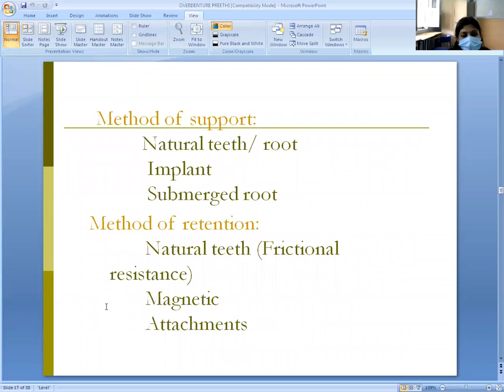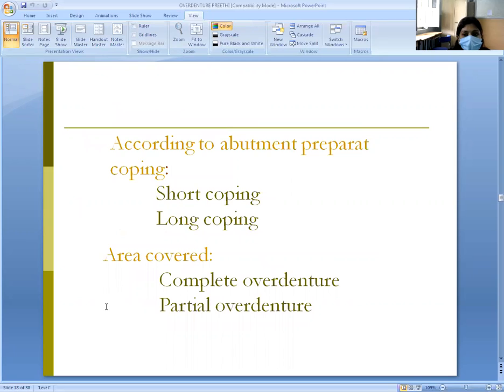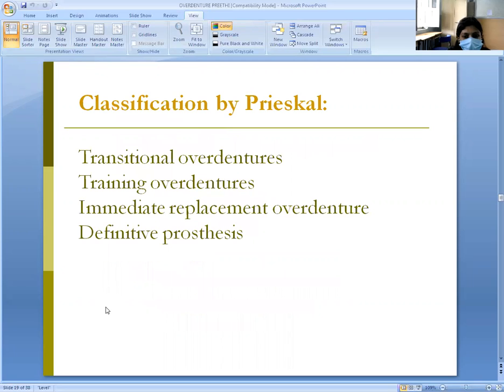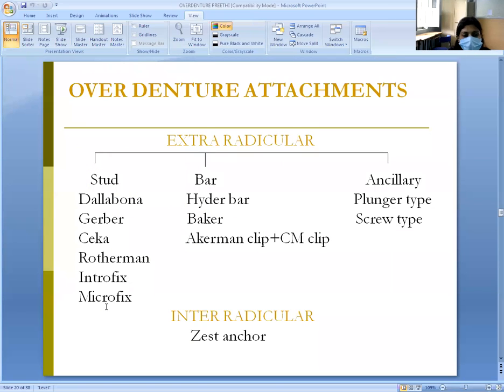Then method of retention: natural teeth, magnetic, and attachments. According to the abutment preparation: short coping and long coping. Area covered: complete and partial overdenture. This is the classification given by Bristol: transitional overdenture, framing overdenture, immediate replacement overdenture, definitive prosthesis. These are the overdenture classifications.